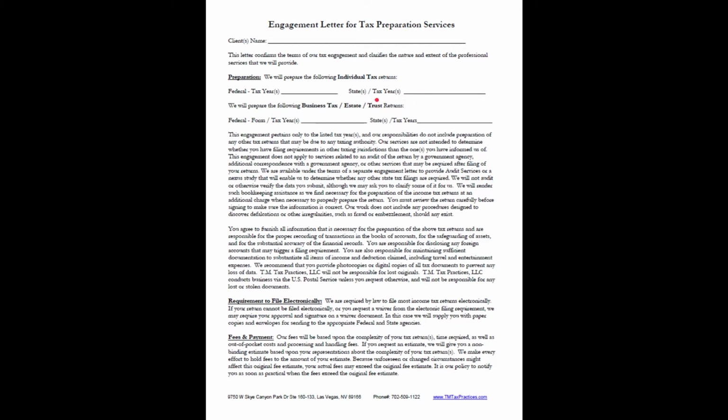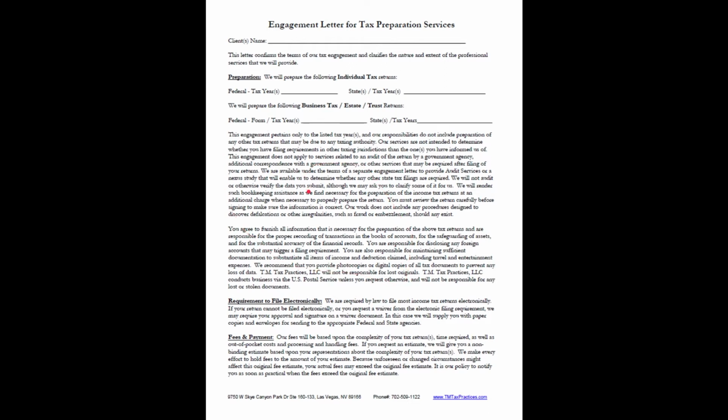Now, we are going through the individual tax organizer. If this was a business organizer, you would be filling out this bottom section here instead. And then go ahead and read through this information.